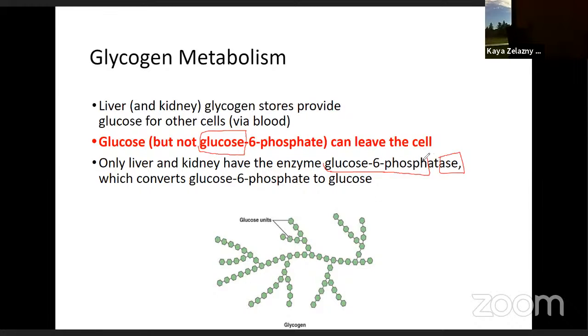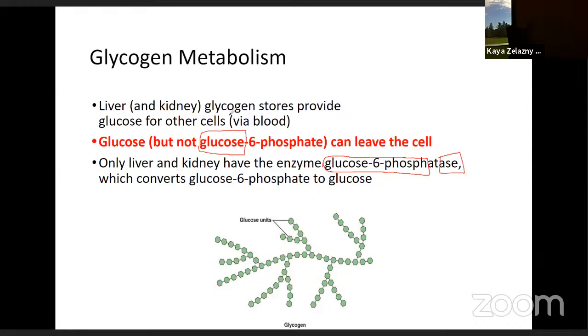The only places we have those are the liver and the kidney, which is where we're storing our main glycogen stores. So if we have glycogen stored up in the liver or in the kidney, we can pull those glucose monomers apart, giving us glucose 6-phosphate. Then we can use our enzyme glucose 6-phosphatase to turn them into normal glucose so they can leave the liver.